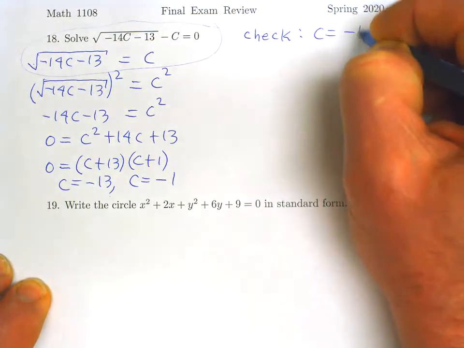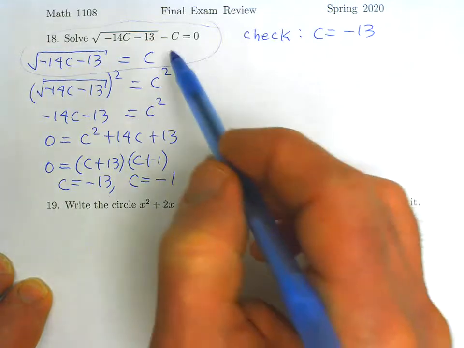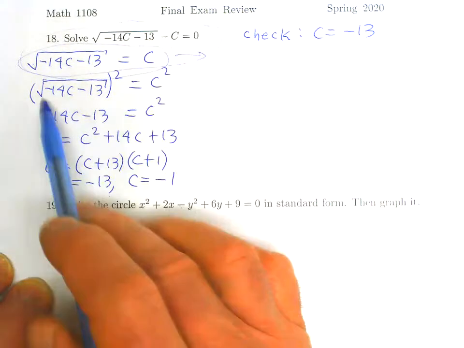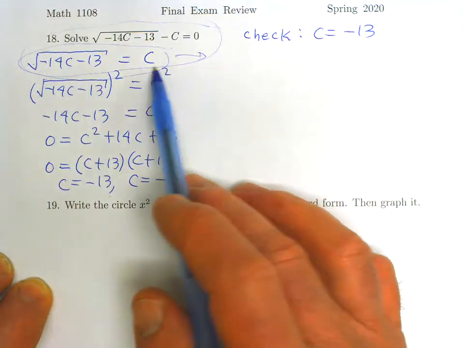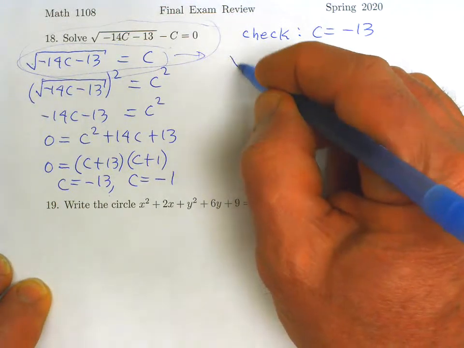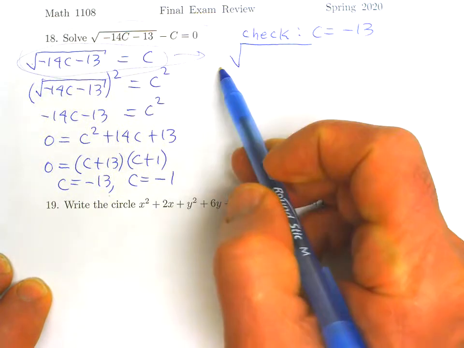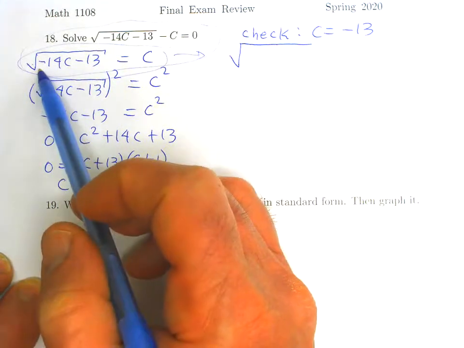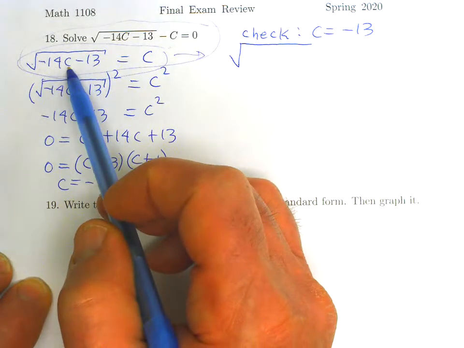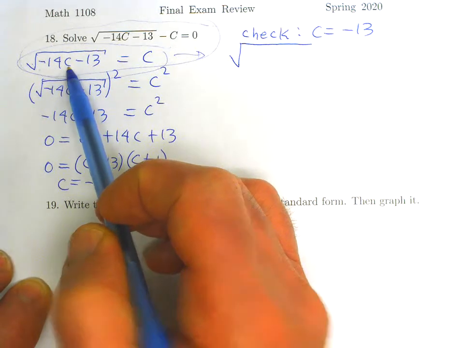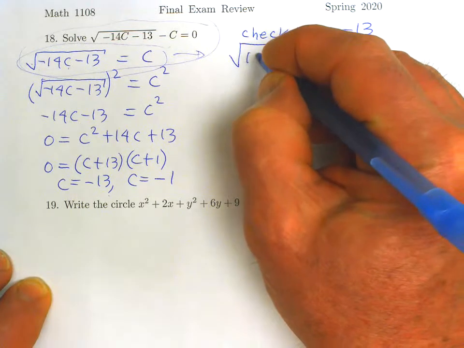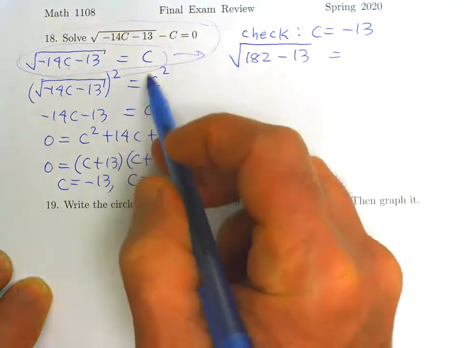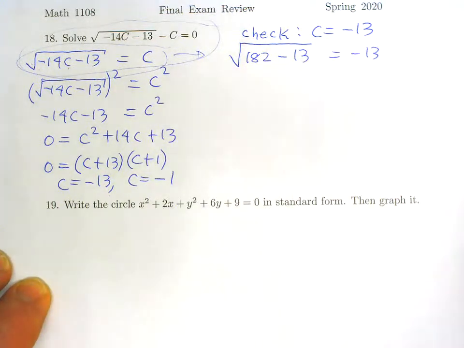So let's check c equals negative 13. I'm going to use this equation to check, replace every c with negative 13. So on the inside of this principal square root, this is the positive square root. Negative 14 times negative 13 is positive 182, and then minus 13, and the right-hand side, c, is negative 13.